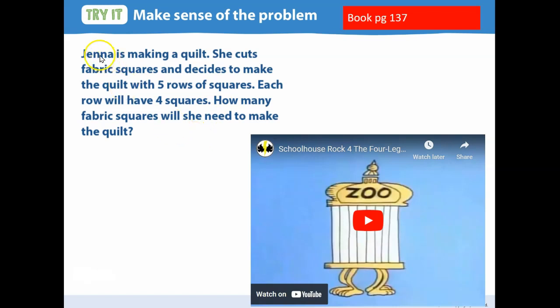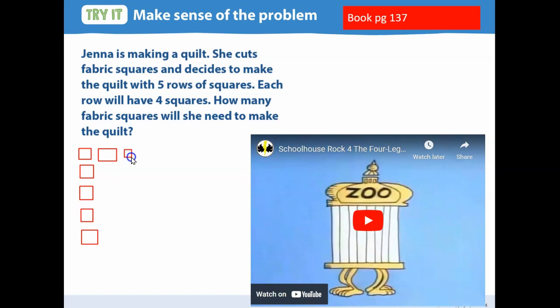It says Jenna's making a quilt. She cuts fabric squares and decides to make the quilt with 5 rows of squares. 1, 2, 3, 4, 5. It says that each row will have 4 squares, so I need 3 more on each row.